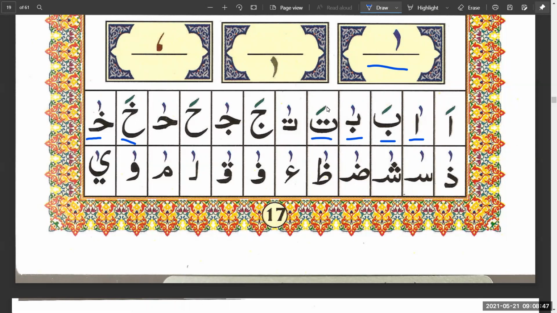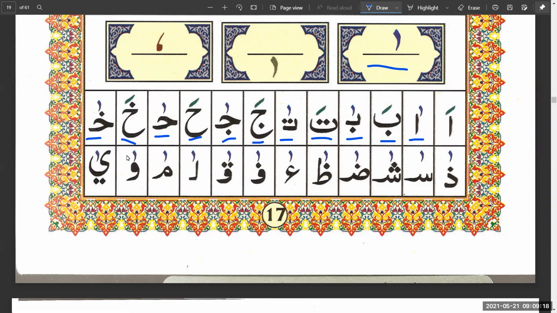Next one, da fatha da, da standing fatha da. Next one, jim fatha ja, jim standing fatha ja. This one, ha fatha ha, ha standing fatha ha. Next one, kha fatha kha, then kha standing fatha kha.